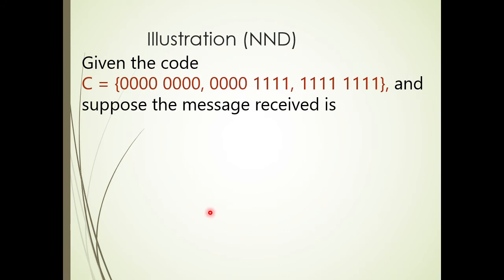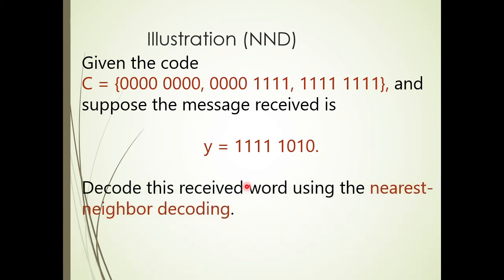Suppose that our valid code words are these three, and suppose that the message received is this one. Obviously, there are errors because the message received is not among the valid messages. Now, let's decode this received word using the nearest neighbor decoding.